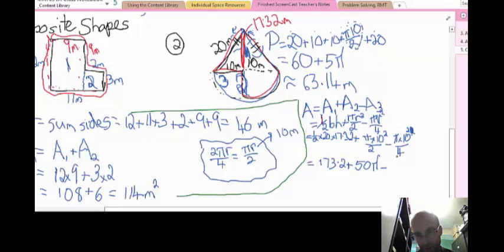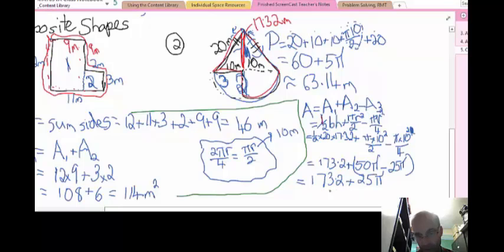Minus, again, 10 squared is 100. 100 on 4 is 25, 25 pi. Notice that mental math helps a lot, doesn't it? Otherwise we'd be using a calculator quite a lot. 173.2, 50 groups of pi minus 25 groups of pi is 25 groups of pi.